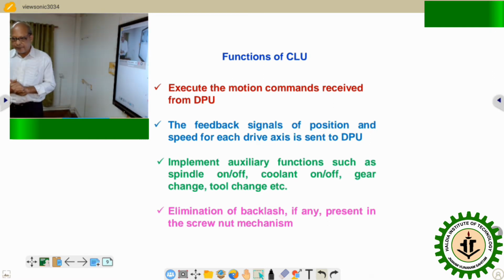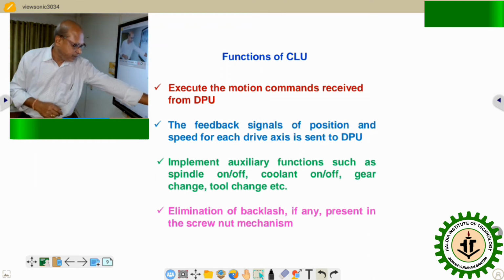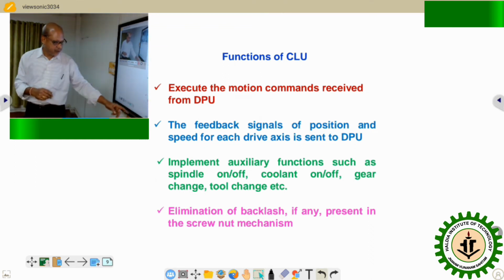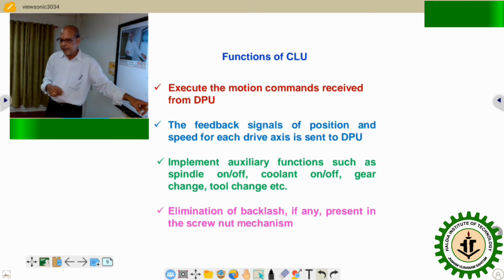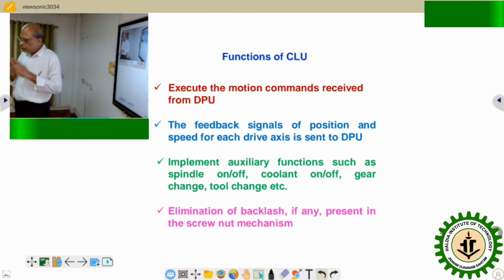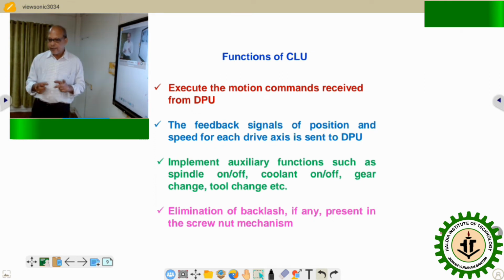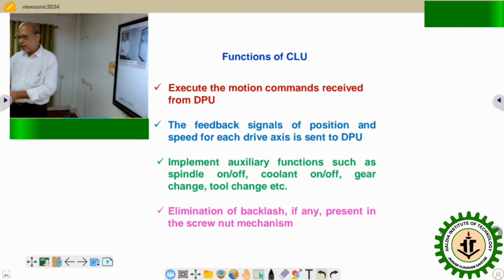That is the theme. Elimination of backlash, if any, present in the screw-nut mechanism. This backlash problem should be completely eliminated to achieve the highest level of accuracy. Backlash, mechanical people know from nuts and bolts or any fasteners, due to wear and tear there is a possibility of improper motion transfer.